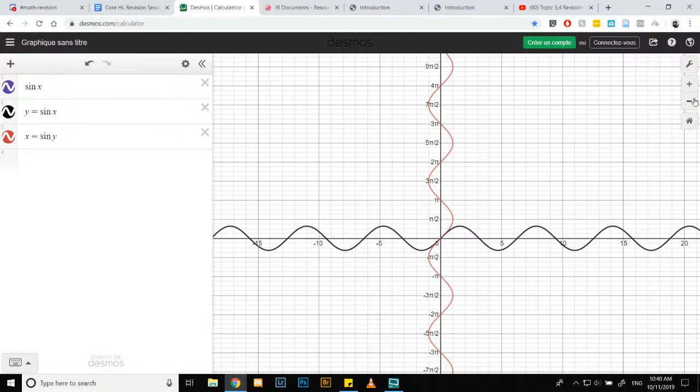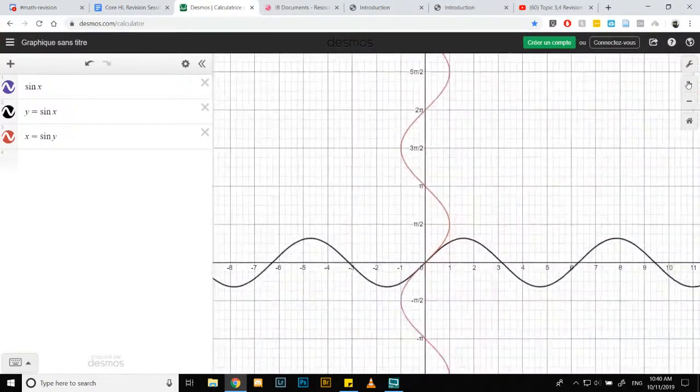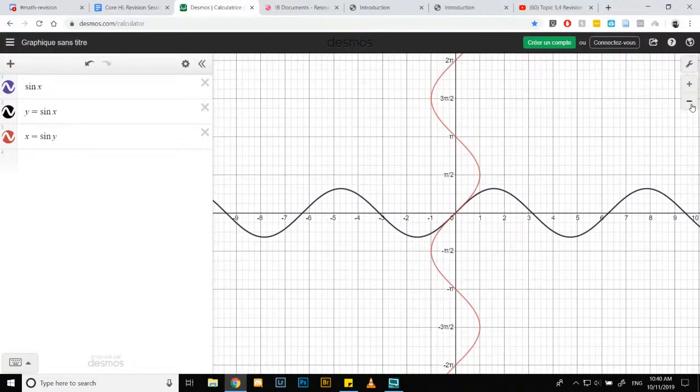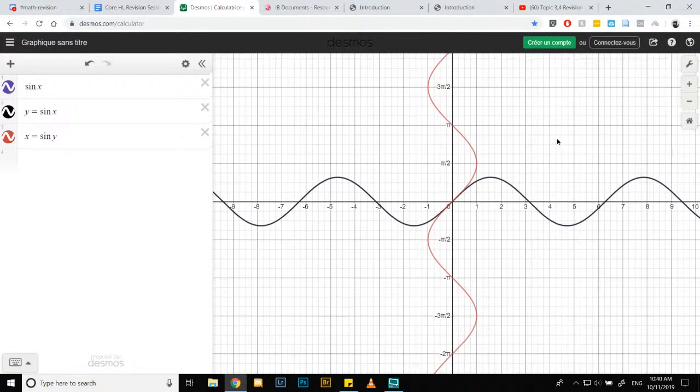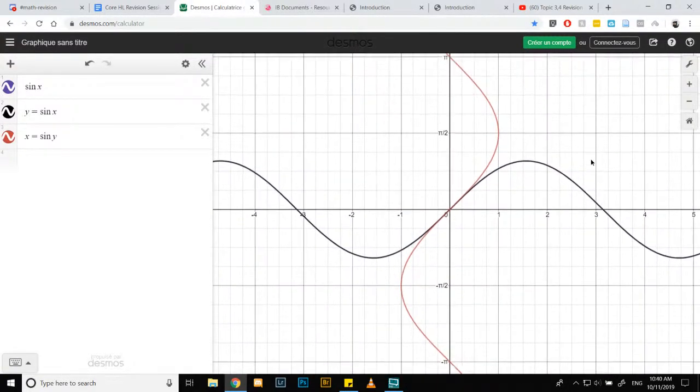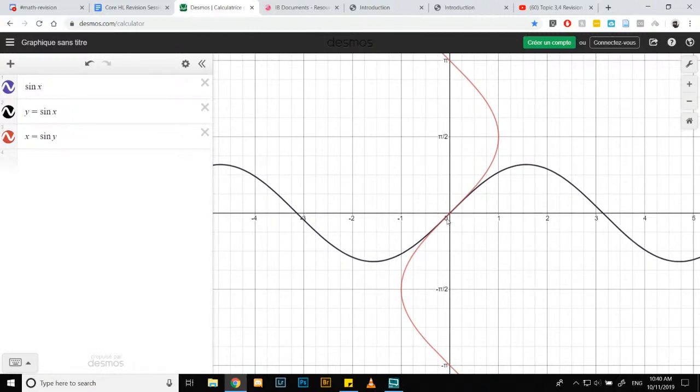It's not a function because for one value of x, there are several values of y, actually infinitely many values of y, which you do not want. You want an actual function that can take in a ratio and give you the angle.